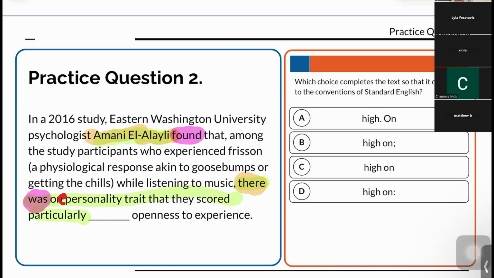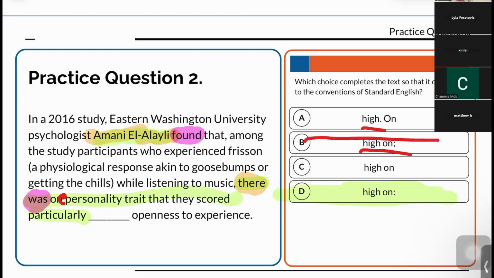How can we connect an independent clause to that phrase? Cool. Seeing some D's in the chat. Nice. So yeah, in this case, D is the only one that works. A semicolon is only necessary if you're connecting two independent clauses to one another. The phrase openness to experience is not an independent clause, so there's no semicolon necessary. Same deal with the period.